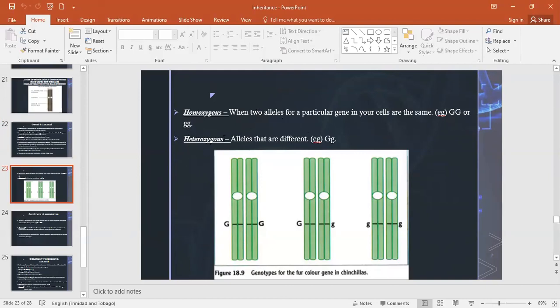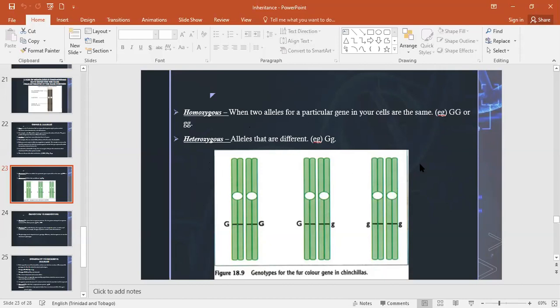Whether they be capital or common, they are homo, they are the same. Just like homosexual means same sex, homozygous means the same. Hetero means different. Just as heterosexual refers to different sex, like man and woman, heterozygous means different. So the alleles would be different. A heterozygous allele will be capital and common.